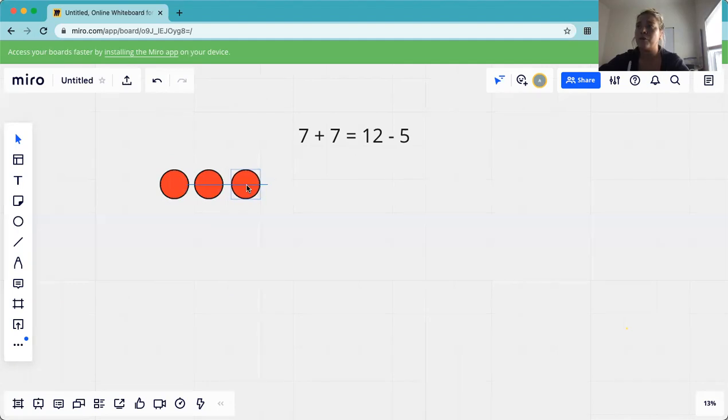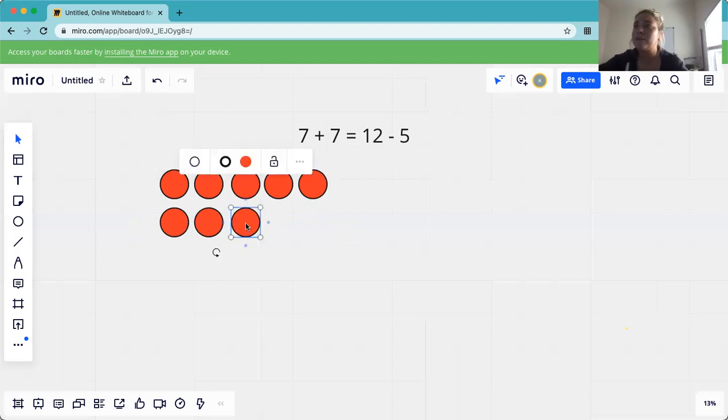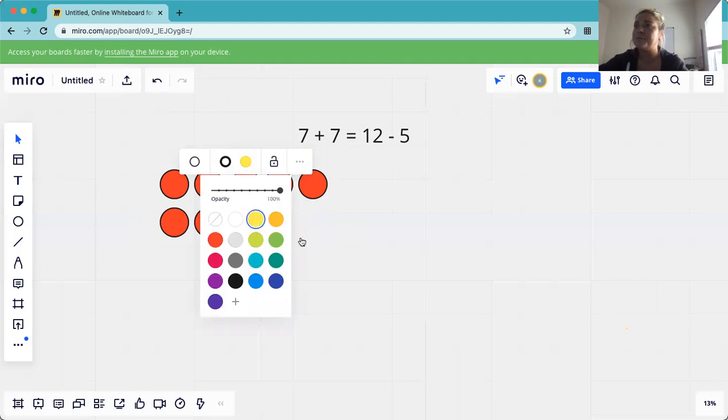1, 2, 3, 4, 5, 6, 7. Alrighty. Now I'm going to do 7 yellow. And remember, you want to keep going with your tens frame so it's easier for you to count.